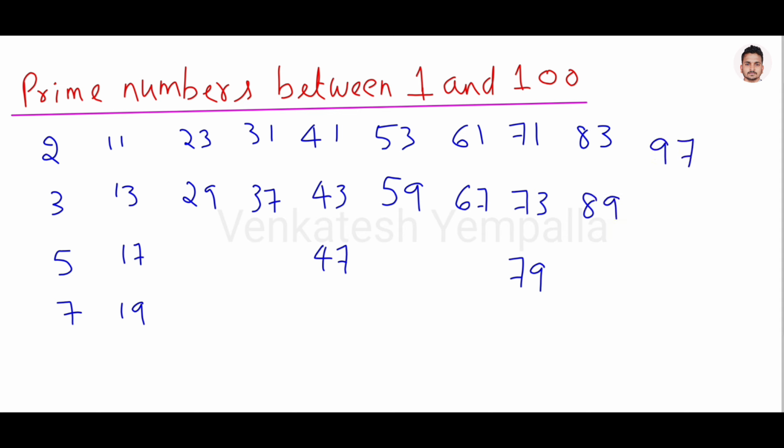So I have written the prime numbers between 1 and 100. If we observe them two to three times, we can remember these numbers.